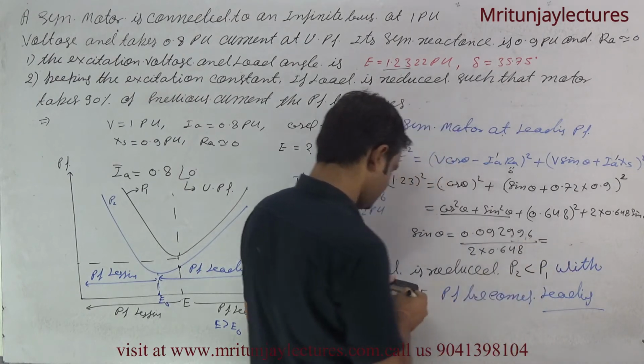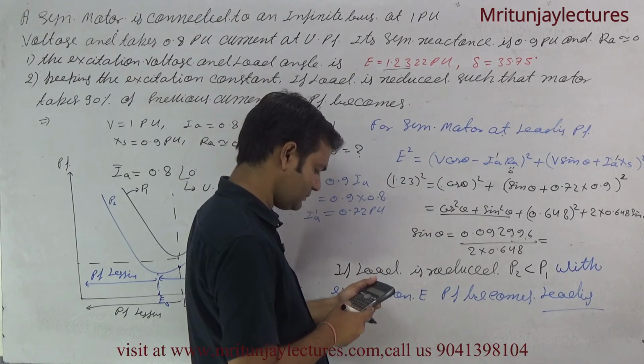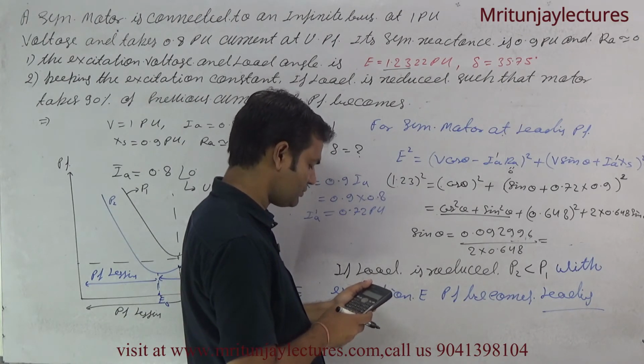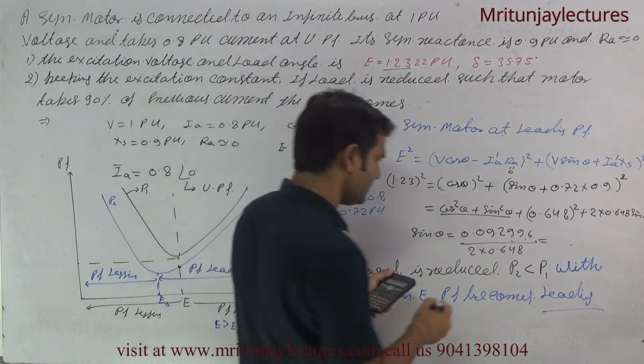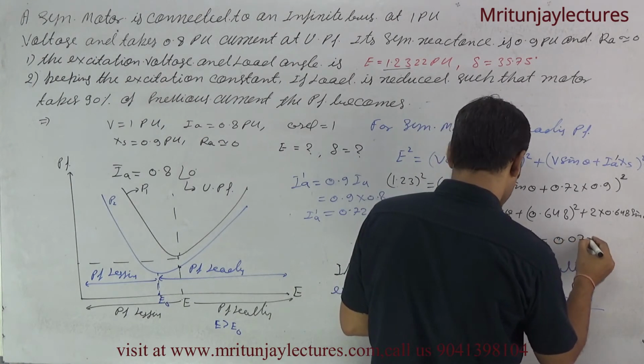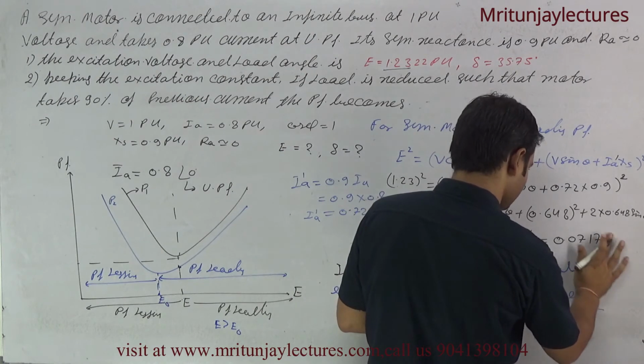Okay, divide by 2 like this, and again divide by 0.648, finally we got 0.0717556.